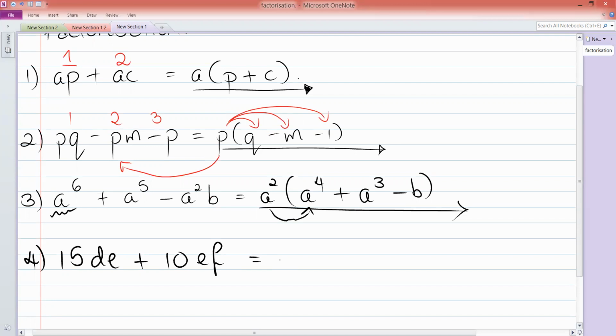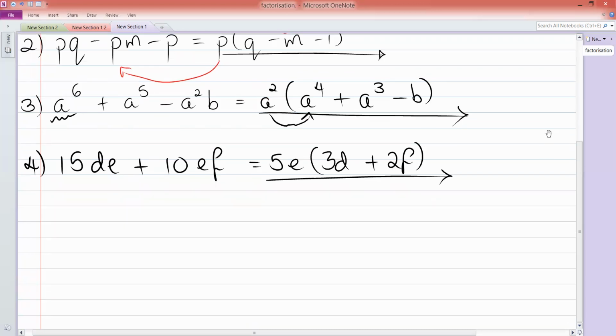What's common to both 15 and 10 that I can factor out? 5. And then in terms of the variables, what variable can I factor out? E. E, awesome. So 5E multiplied by what will give me 15DE? 3D. Well done. And the last term, that would be? 2F. Brilliant.